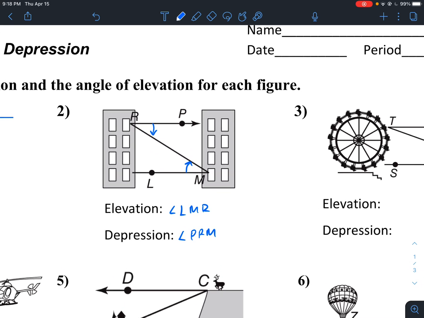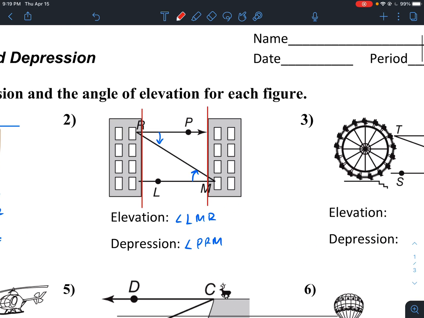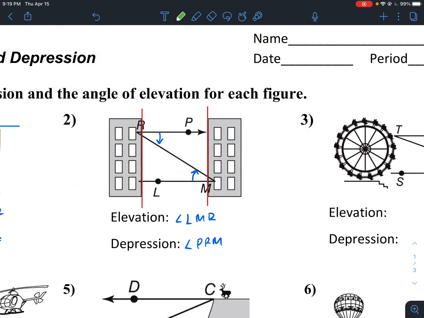Now think about it as well. Let me do this in a different color. These buildings are parallel, right? And if you were to draw a line upwards from the boat to the cliff, it would also be parallel. What that means is that if these are parallel lines, then this angle and this angle are the same, and that means these angles are also the same.